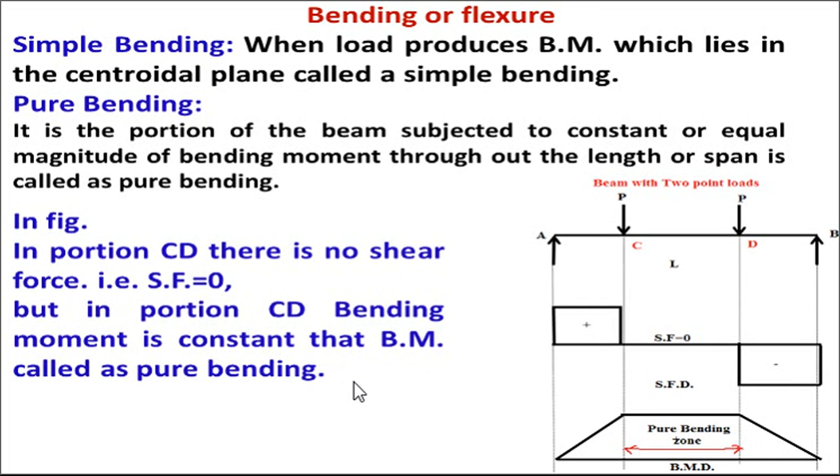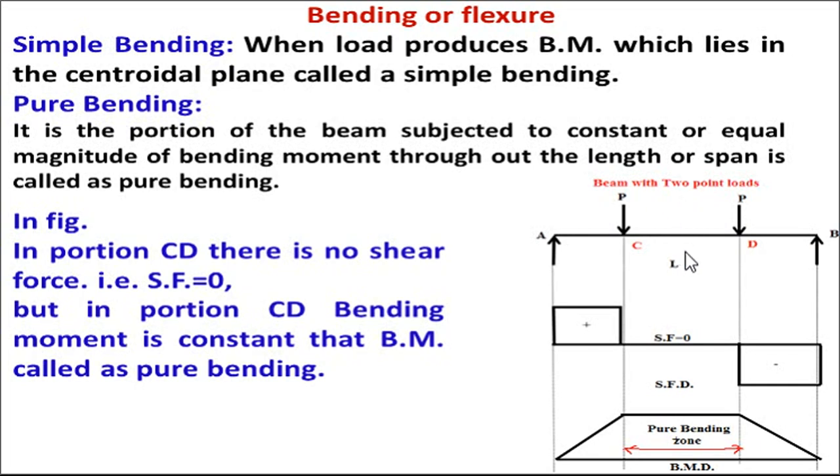Whenever there is a zero shear force zone in the beam, that zone is called a pure bending case. Wherever shear force is zero, bending moment will be constant, so that particular part of the beam will be under pure bending. In strength of materials, there is one practical, the bending test on a beam, a bending test on a wooden member. In that case, normally we take 2-point loading.